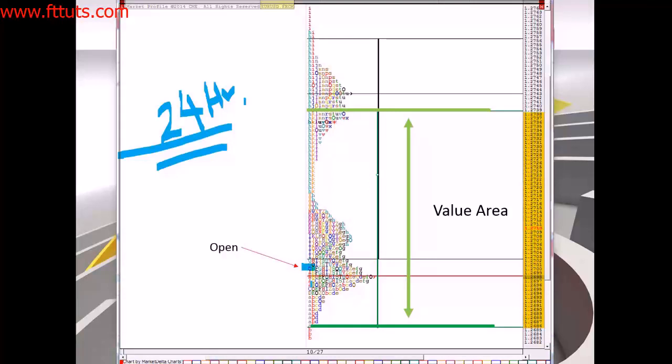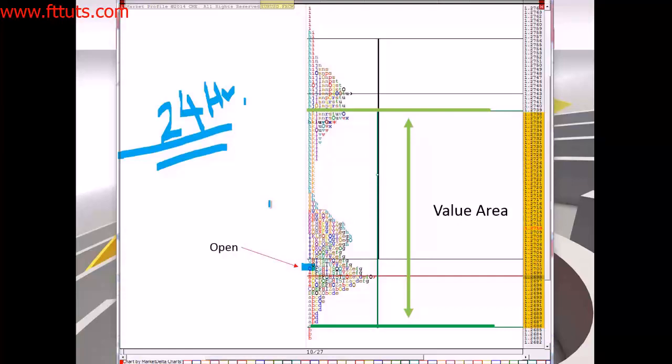capital A. Now, let's look at the overall picture first, and then we will look at the detail of the profile. Now remember, all of these letters are known as TPOs, time price opportunities. And whenever we create a profile, we need to set a period for our TPOs, meaning we want to look at TPOs within a 5-minute period, 10-minute, 20-minute, 30-minute, 1 hour, 2 hours, 5 hours, 10 hours.